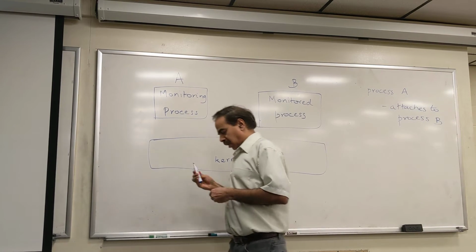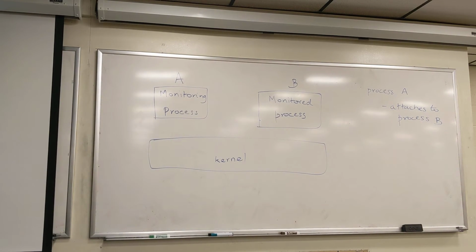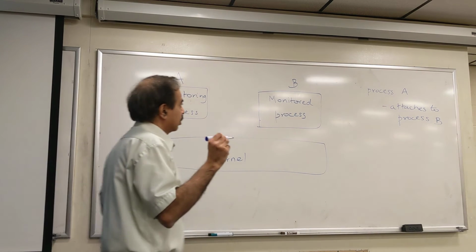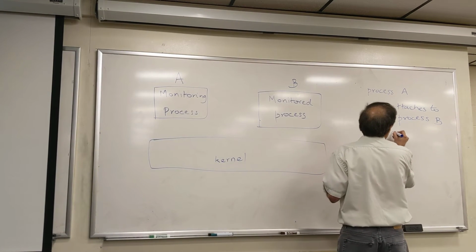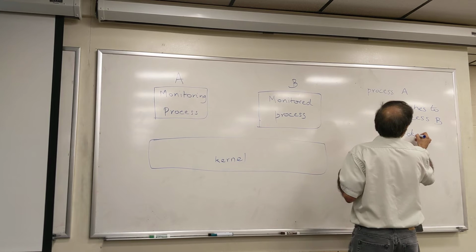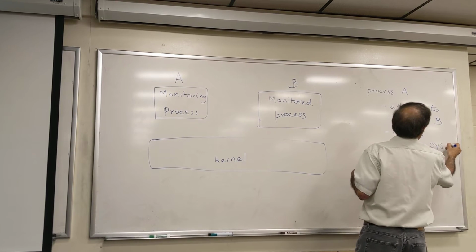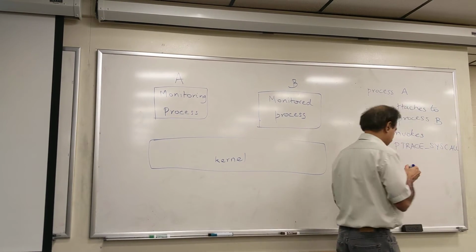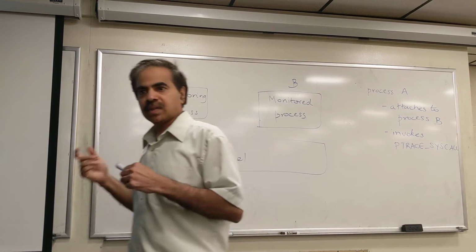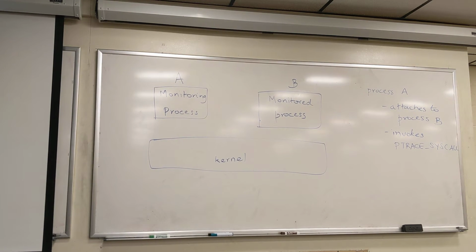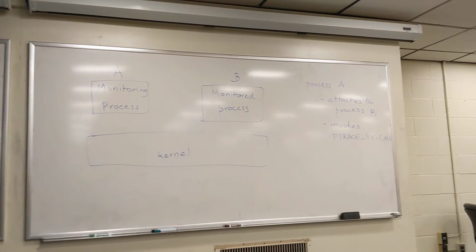Right, so process A invokes a ptrace syscall operation, right? So remember that ptrace is a system call. Its first argument is an operation, and the operation that it's going to invoke is the ptrace syscall.